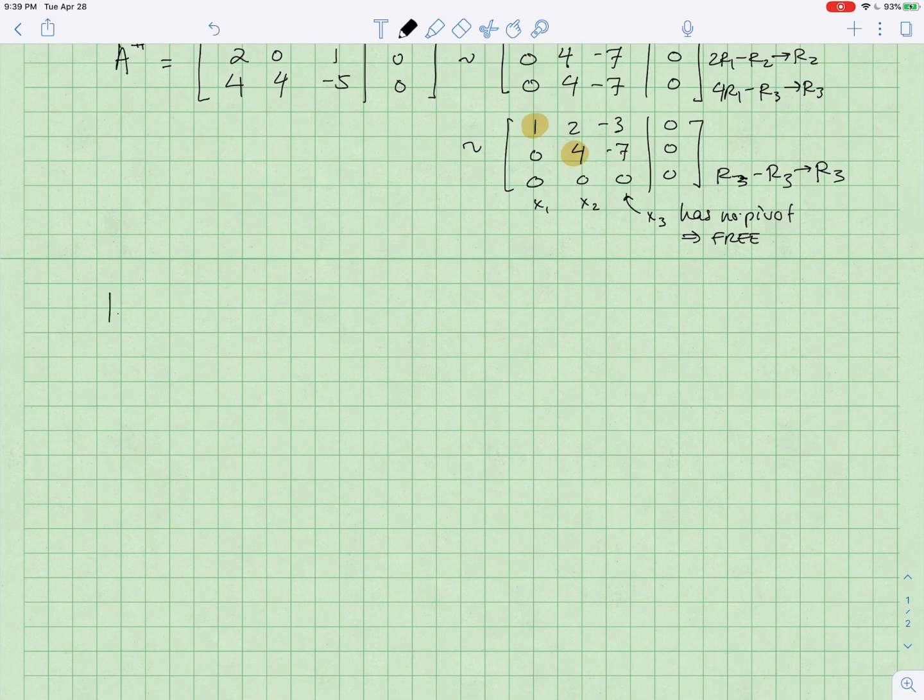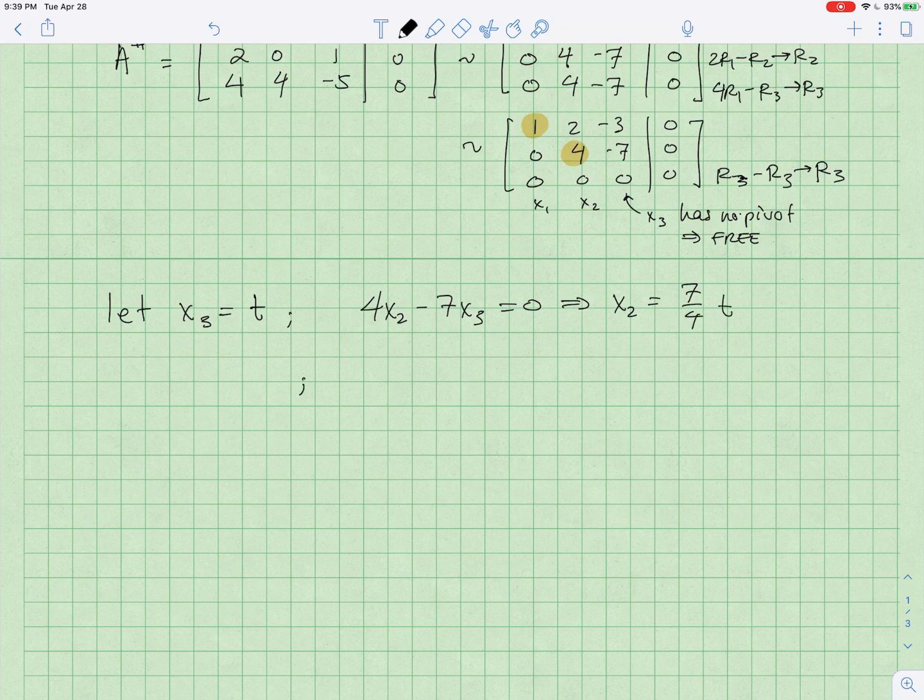And I will let x3 equal t. Then from the second row, I know 4x2 minus 7x3 is equal to 0, or x2 is equal to 7/4 t.